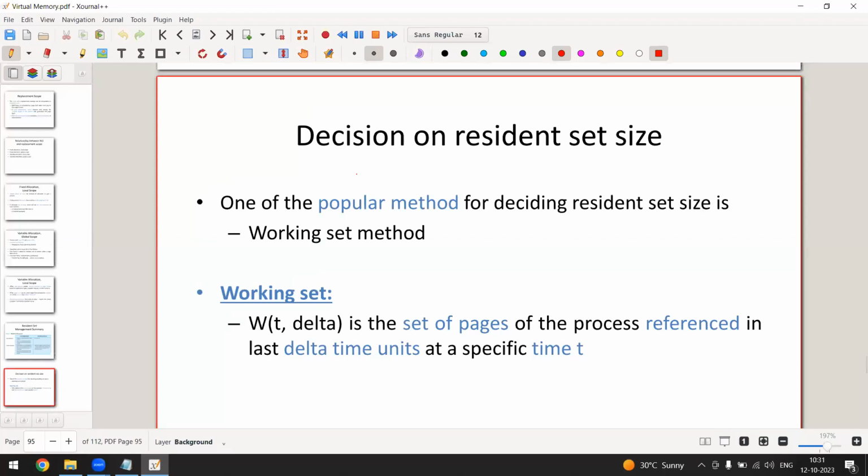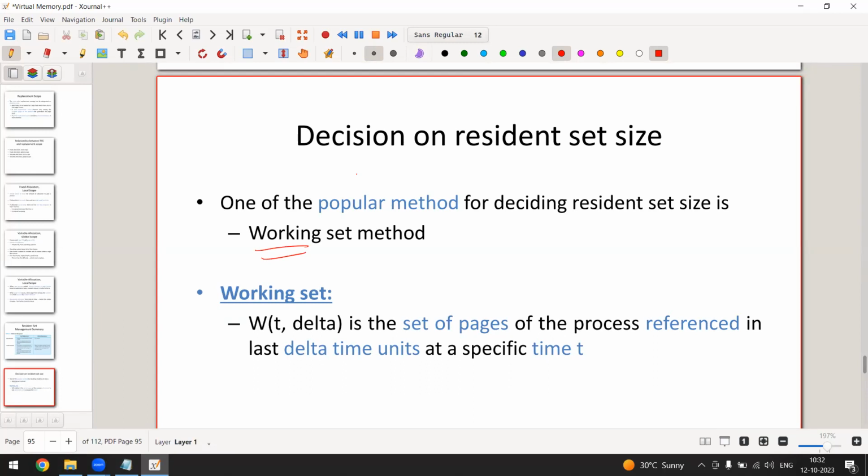From this discussion, there is one more concept of working set. What is the purpose of working set? Working set is the concept used for deciding resident set size.